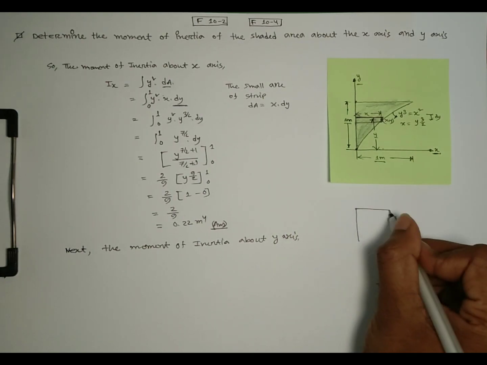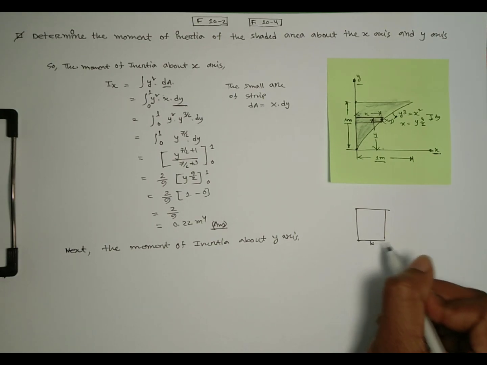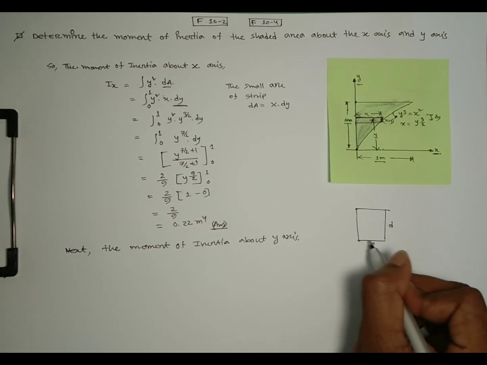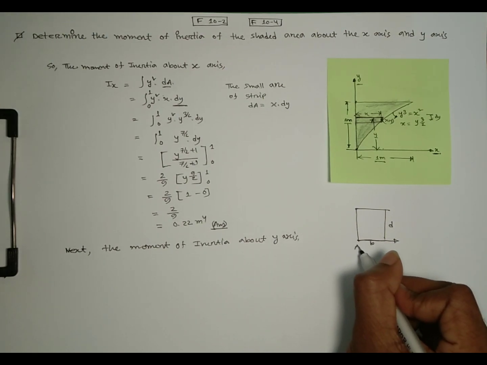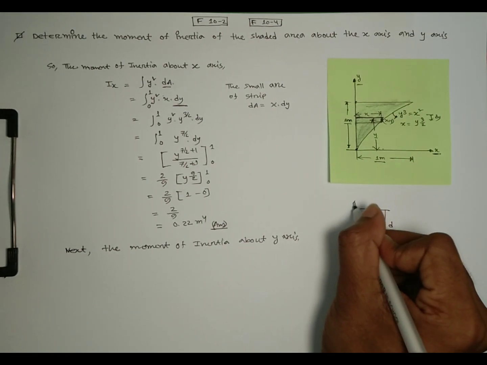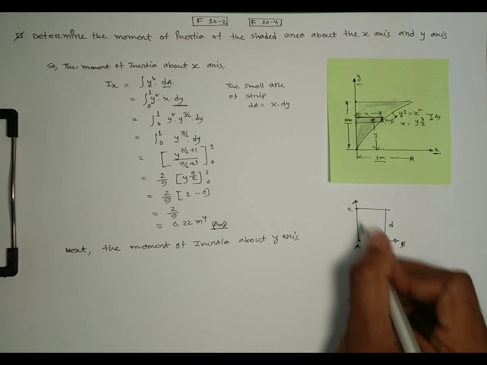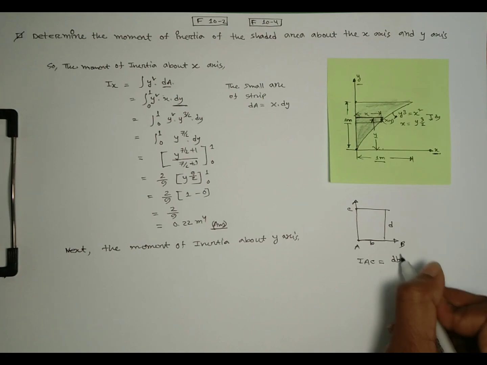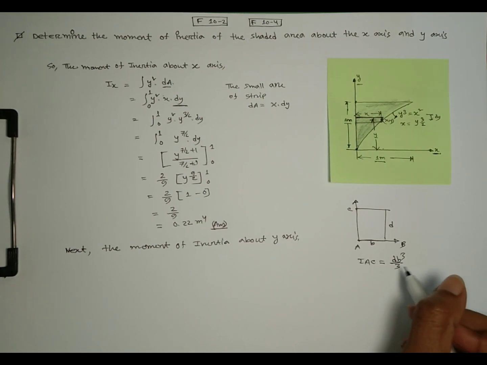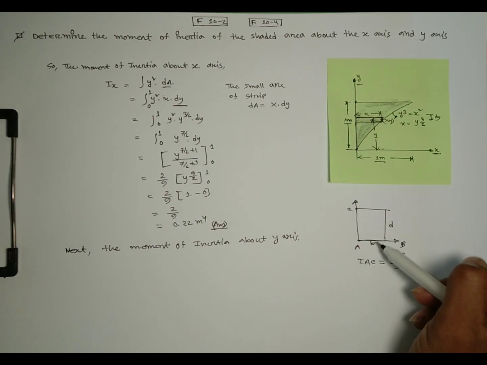Now you can see if this is a rectangular shape, whose horizontal side is b and vertical distance is d, and the axis is here, let's label the points a, b, and this one will be c. So the inertia about the AC axis is d b cubed by 3, from the parallel axis theorem. So this will be done the same way.